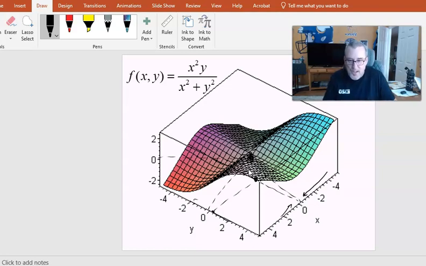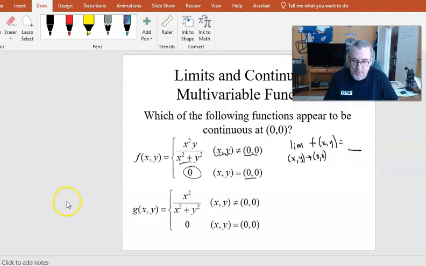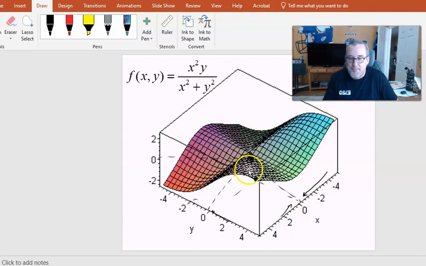So no matter how (x, y) approaches (0, 0), it appears as though the function is outputting values closer and closer to 0. And at (0, 0), the function is defined to be 0. So we can see that it appears we have a nice continuous flow in this case.